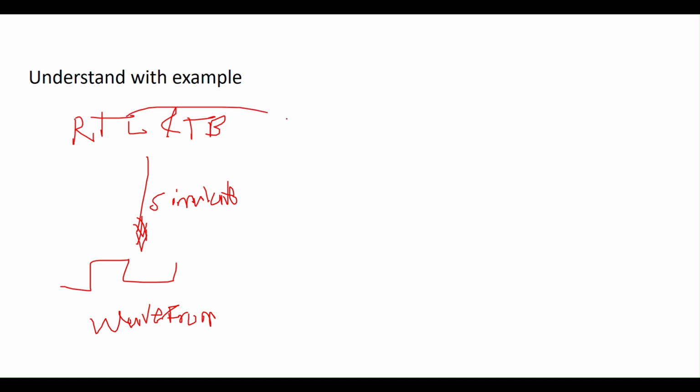But when we do the synthesis of the RTL, what we get is a netlist. These netlists generally consist of standard cells, which are bound to the .lib file that we provide during the synthesis process.